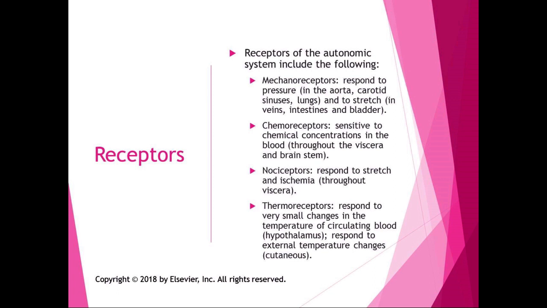Mechanoreceptors in the autonomic nervous system respond to pressure in the aorta and the carotid sinuses in the lungs, and to stretch in the veins, intestines, and bladder. So if the pressure in the aorta is high, it's going to send messages to the brain to adjust the heart rate and the respiration rate and different other things. Chemoreceptors are sensitive to chemical concentrations in the blood throughout the viscera and brainstem.